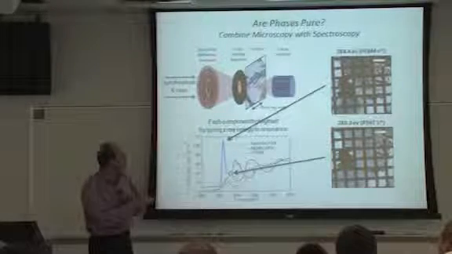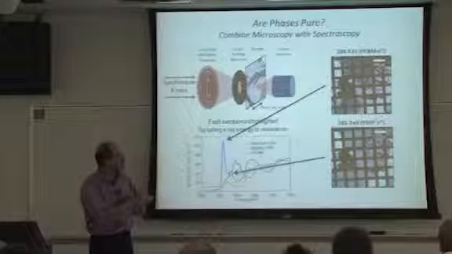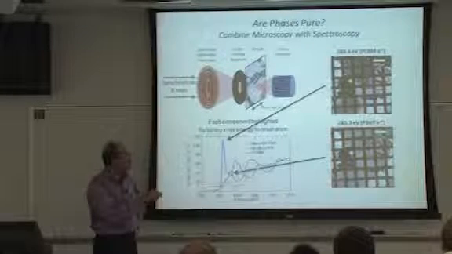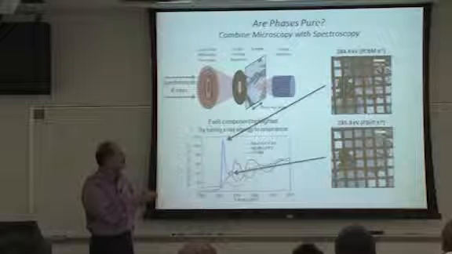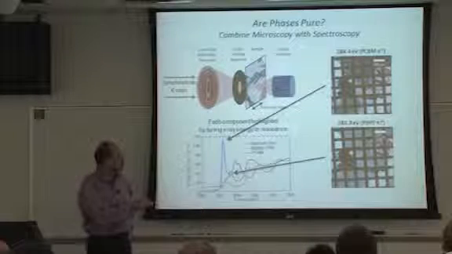So in this particular case, we highly anneal a sample, we create PCBM crystals, and then they deplete the PCBM in their vicinity. So this is a map in the X-ray microscope on a TEM grid where we deplete the PCBM into these crystals.